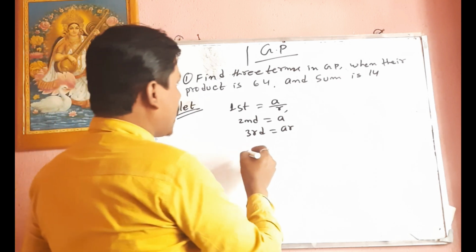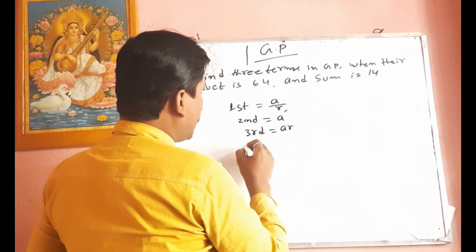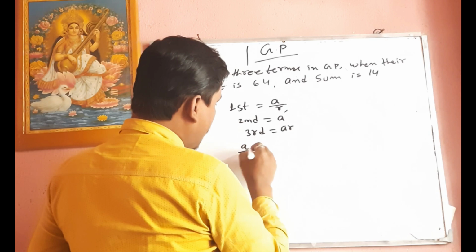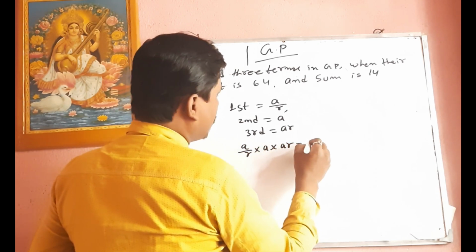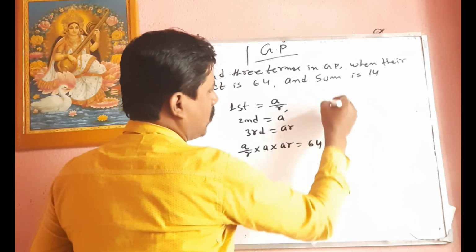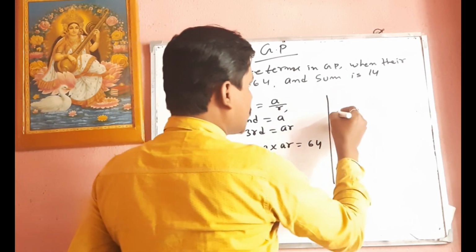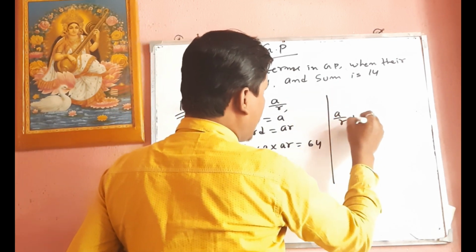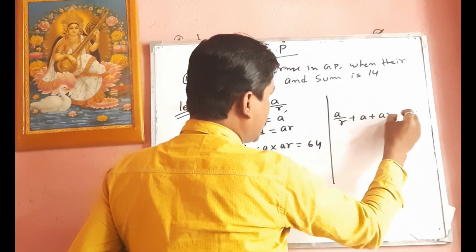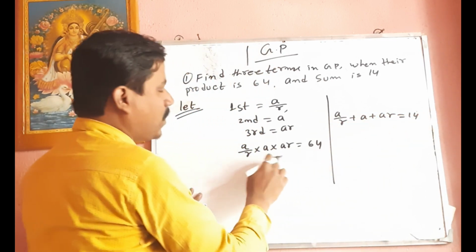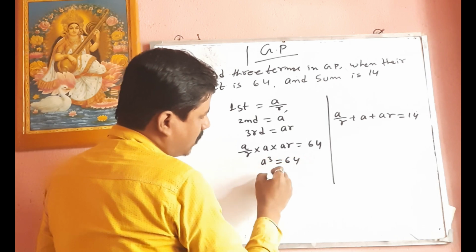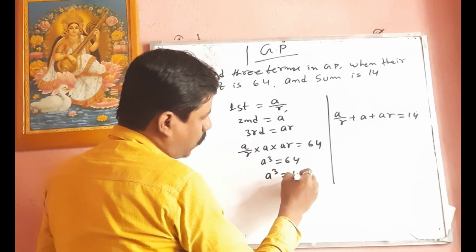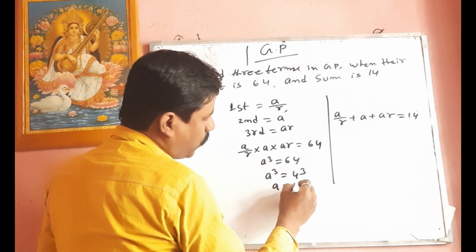Then their product will be a by r multiplied by a into ar, and this is given as 64. And similarly, the sum, that is, a by r plus a plus ar, is equal to 14. Now from here, a cube is equal to 64, that is a cube is equal to 4 cube, so a is equal to 4.